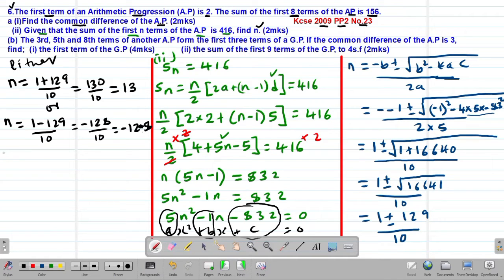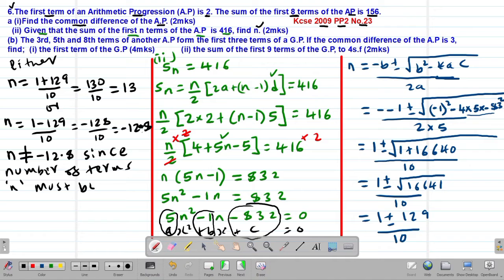So we are going to say that n cannot be equivalent to -12.8, since the number of terms n must be a positive integer.